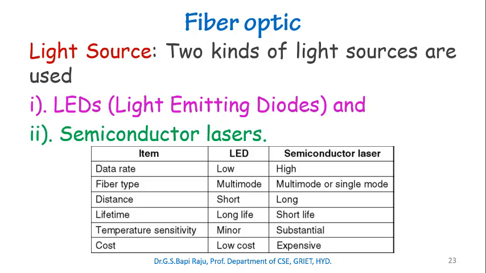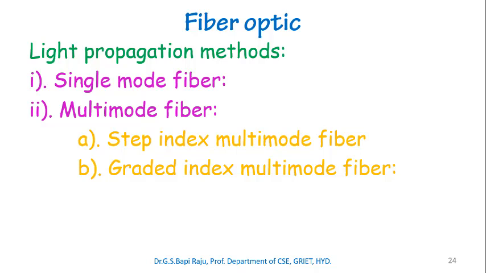Fiber type: LED supports multi-mode, whereas semiconductor laser supports both single and multi-mode. Distance: LED shorter distances, laser longer distances. Lifetime: LED long life and the semiconductor short life. Temperature sensitivity: LED minor, whereas semiconductor is substantial. And when it comes to cost, LED is low cost, and of course, laser is expensive.